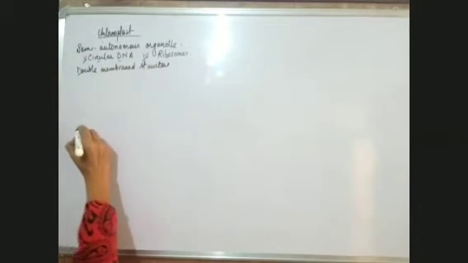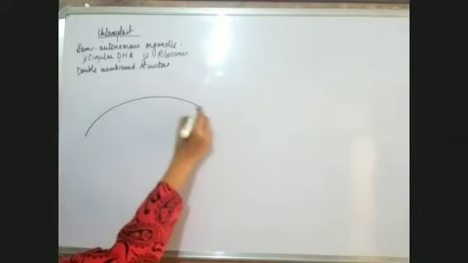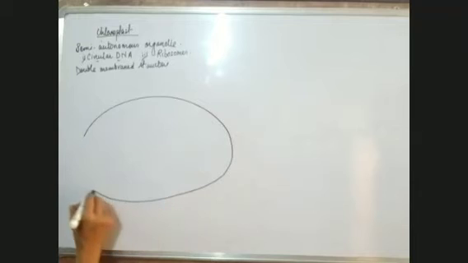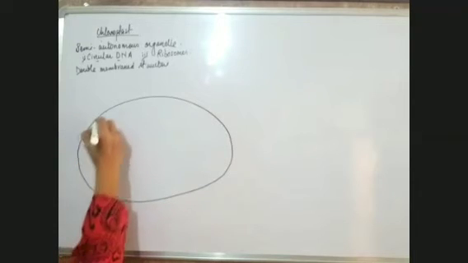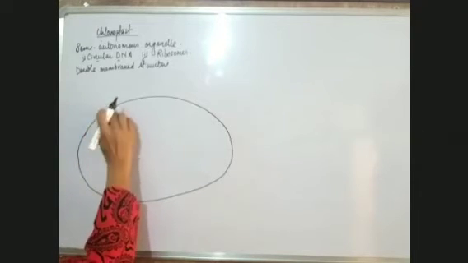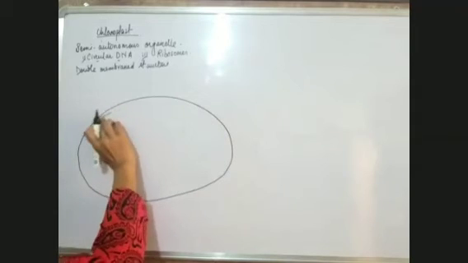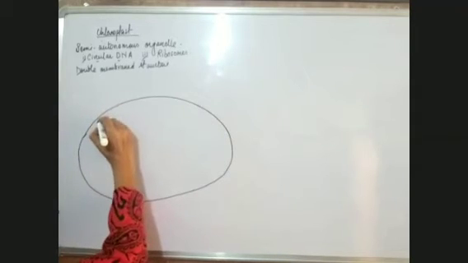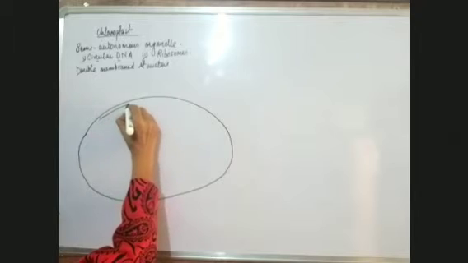Okay, so how does it look? The most common shape of this is the oval shape. So it is a double membrane structure, so we are going to make it double membrane.